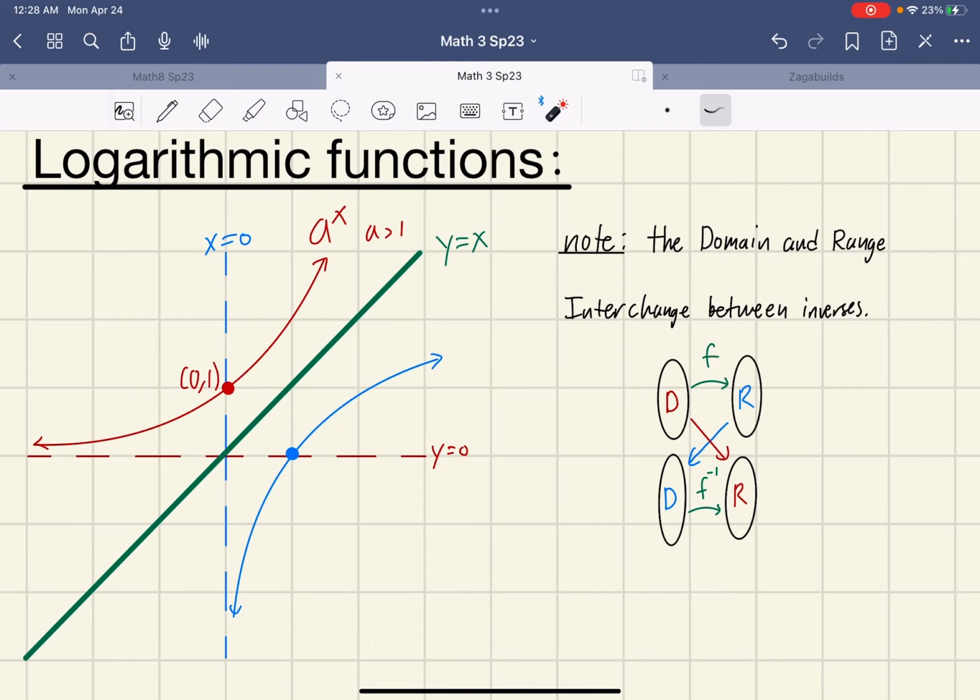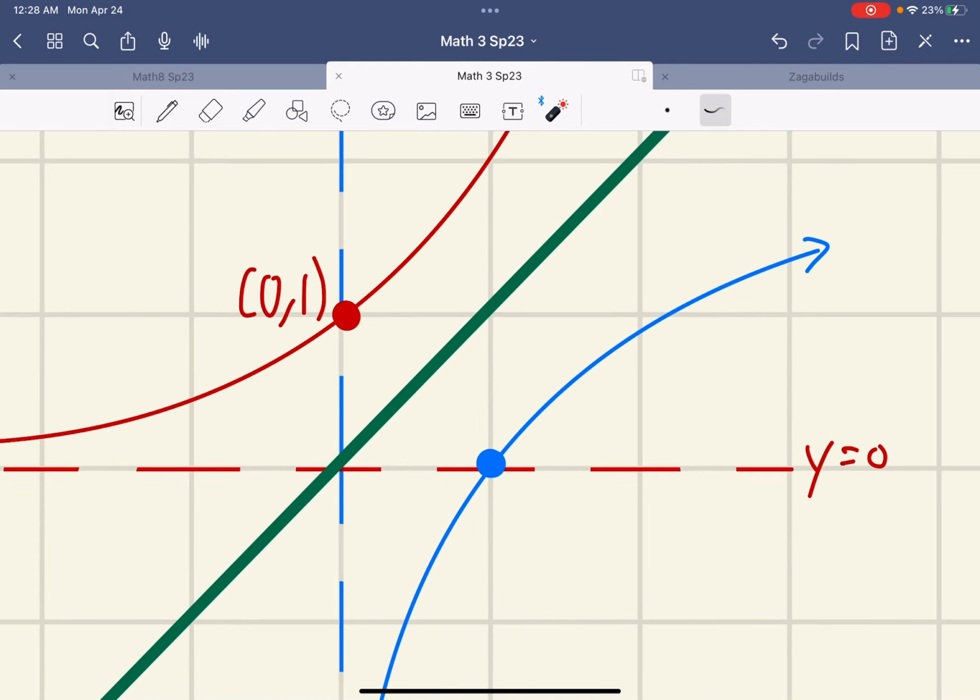So a quick way to see that is we all saw that exponentials, the parent function at least, intersect this point at 0, 1. If the domain and range are interchanging, then that means this y value becomes an x and the x becomes a y.